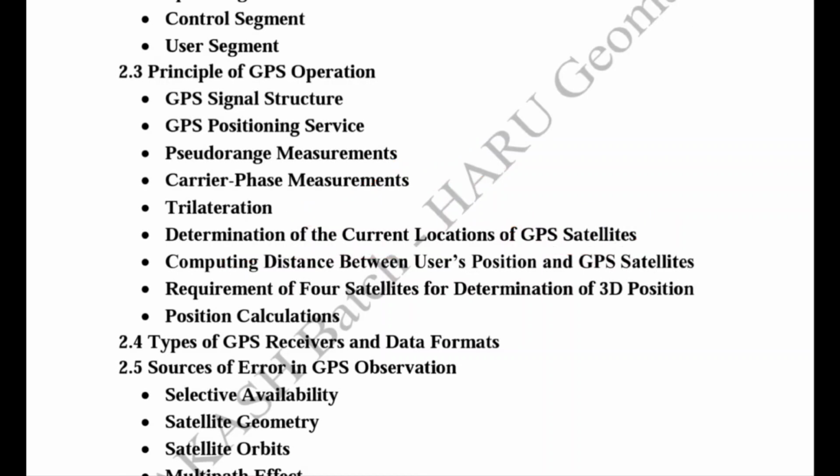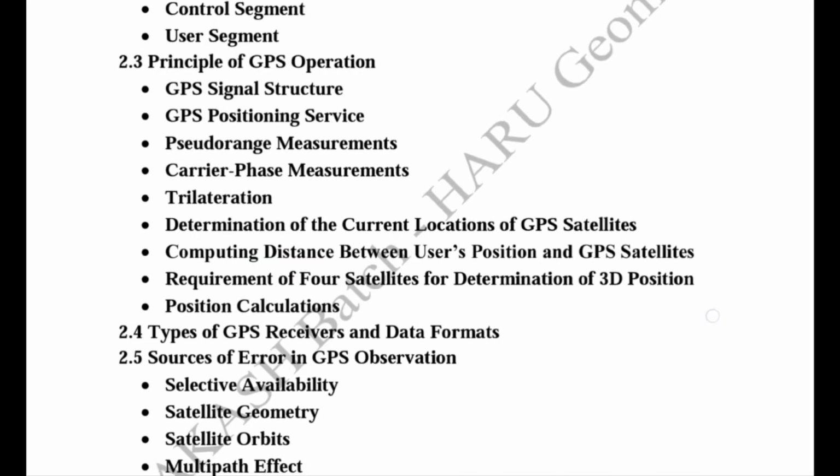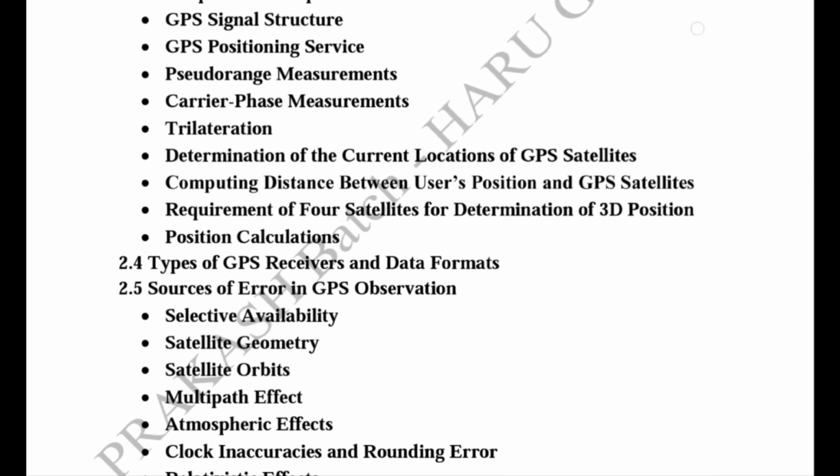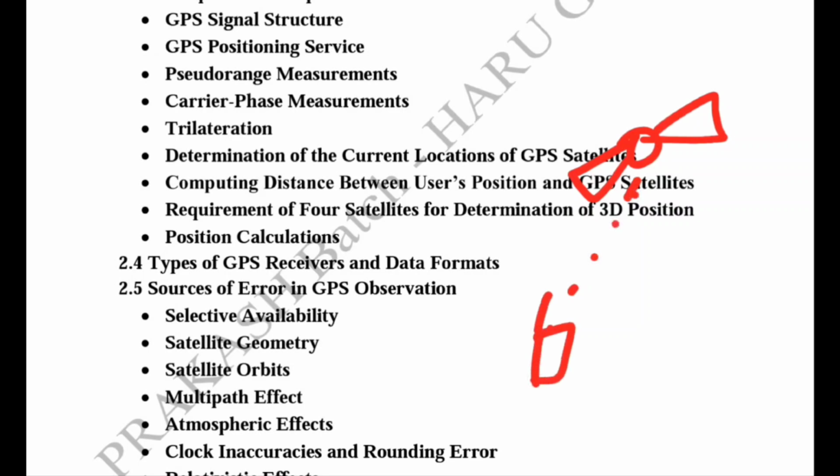All these topics we will study in upcoming lectures, and in this unit we will also study the distance calculation between the satellites and the GPS receivers. Actually, we know that the distance is calculated with the help of timing information provided in the signal transmitted by the satellite.